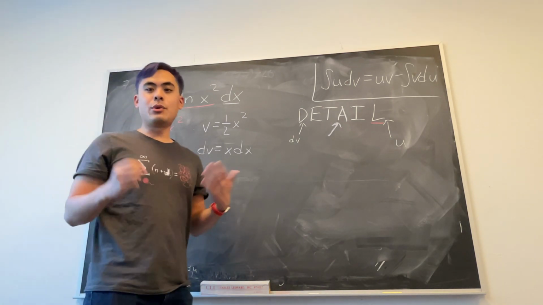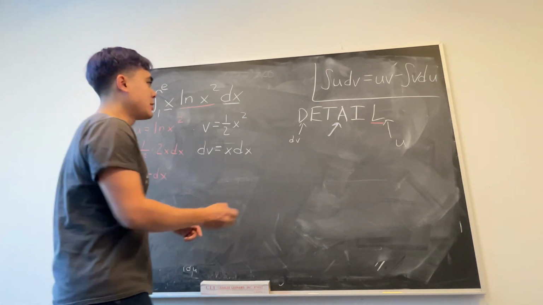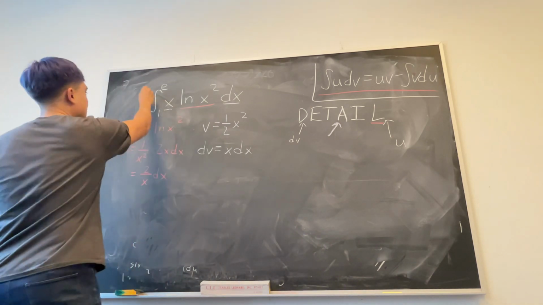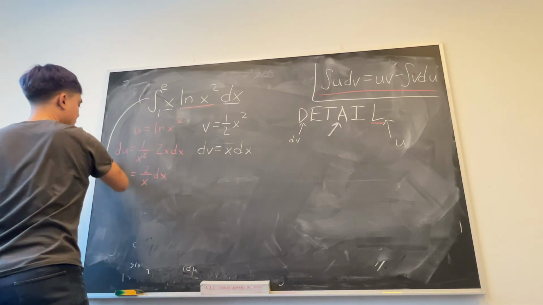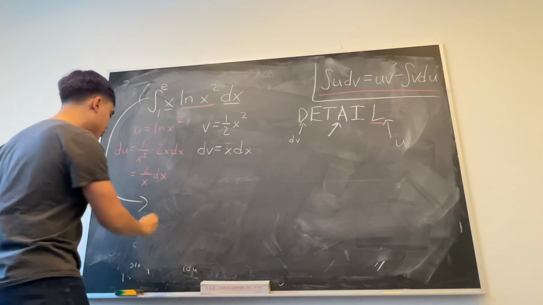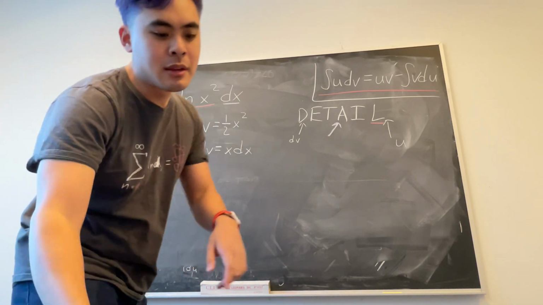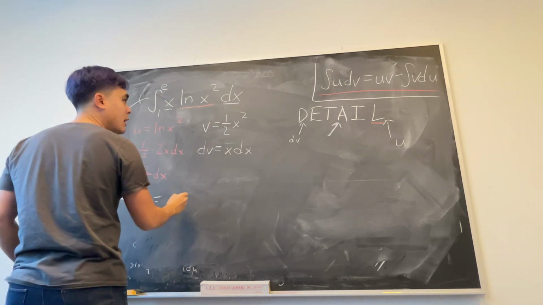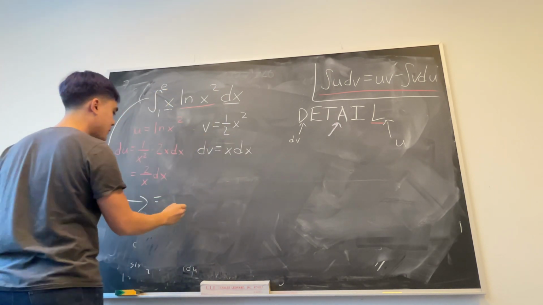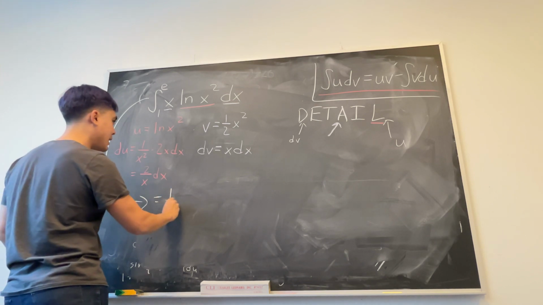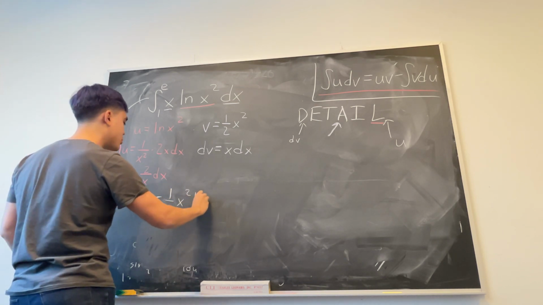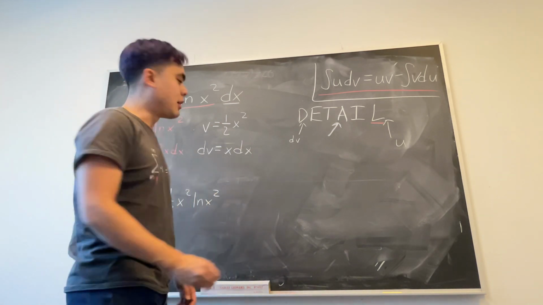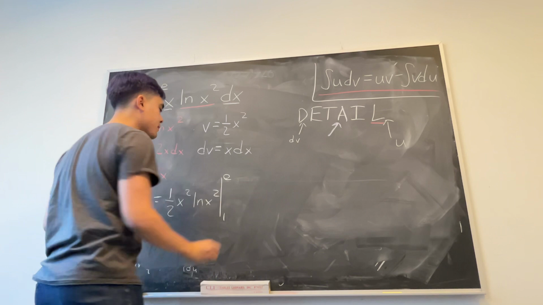Okay? And now once you've done these two parts, you can plug it into this formula over here. This is the integral of u dv, so uv is going to be 1/2 x squared natural log of x squared, taken from 1 to e.